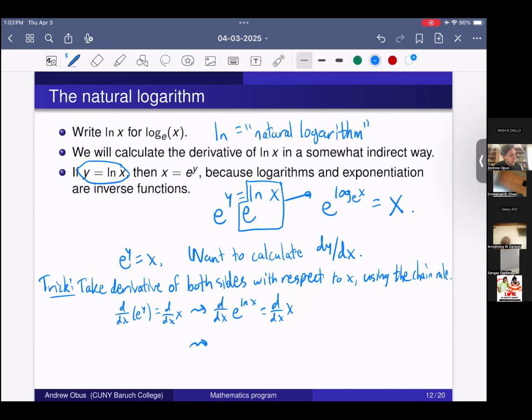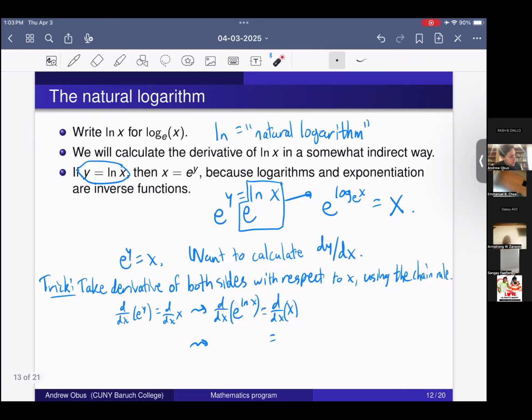All right, let's see what we get here. On the right-hand side, it's easy. The derivative of x is just 1, so I just get a 1. What about on the left-hand side? Well, we have the chain rule here. We know the derivative of e to the x is just e to the x, but now we have a composition of functions: it's e to the ln of x.